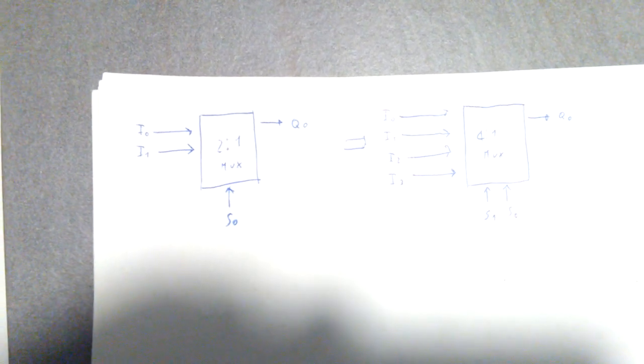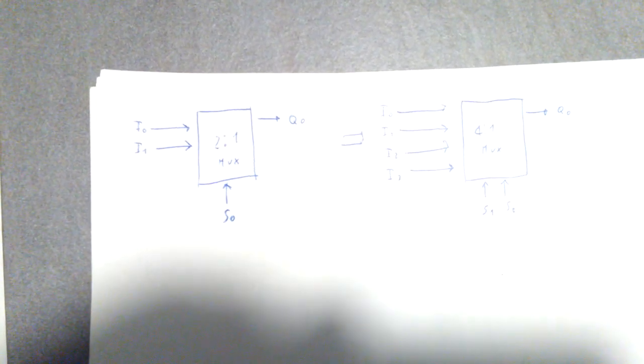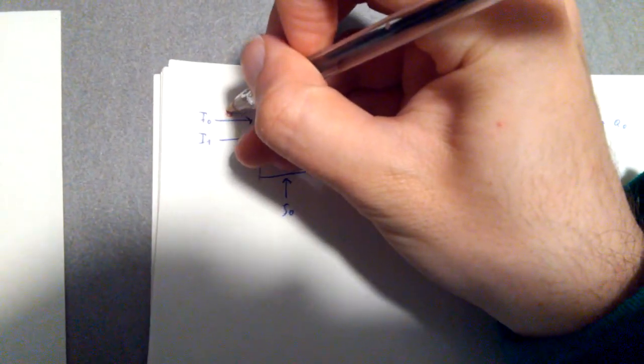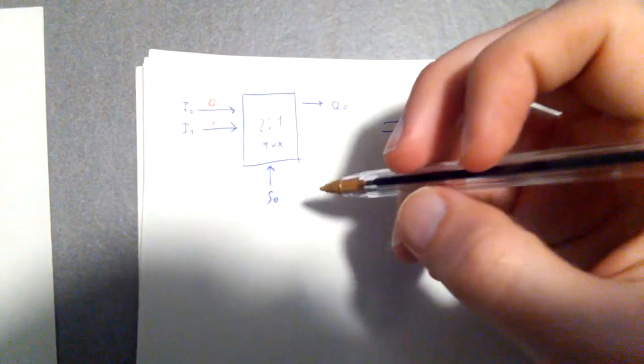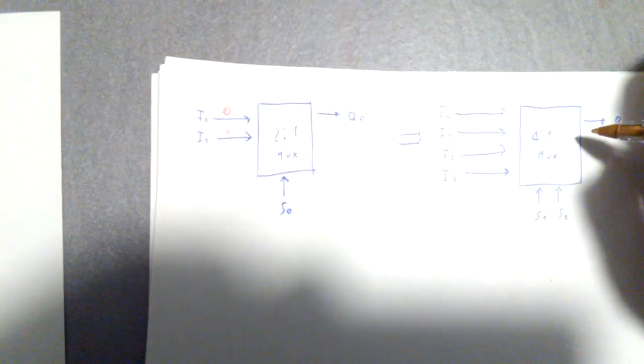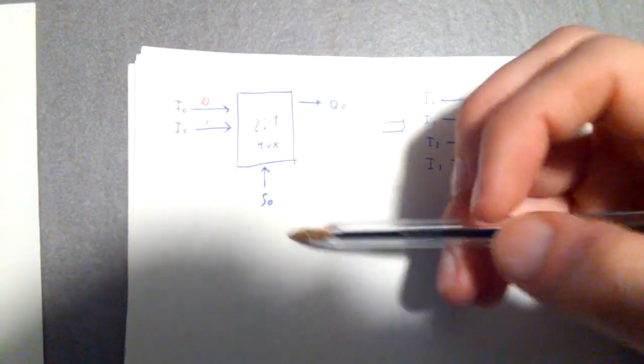Why do you think that is? Well, in this case, I said that we can think about this as 0 and 1, and this as a set line, so it depends on where it's set.